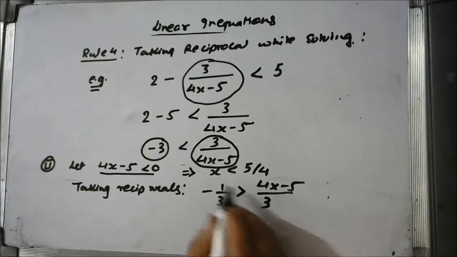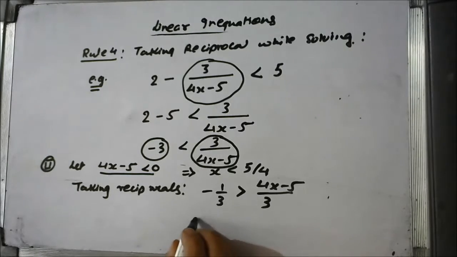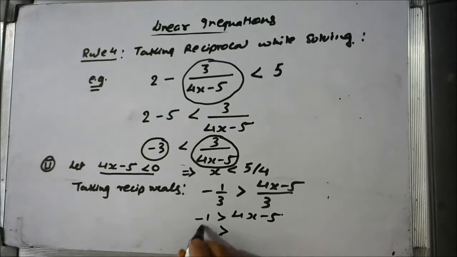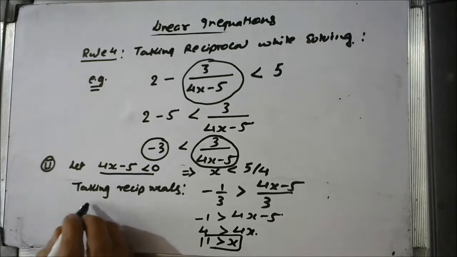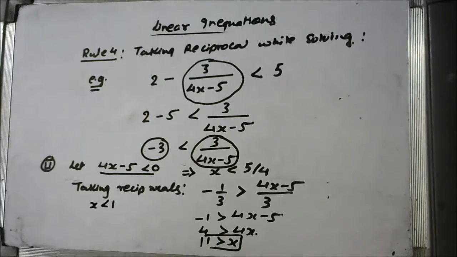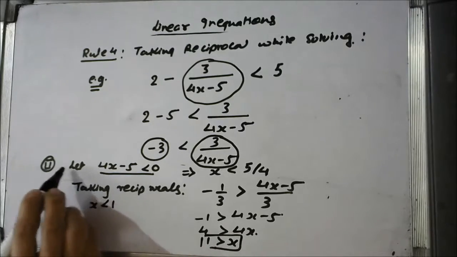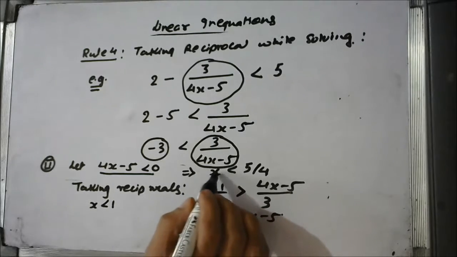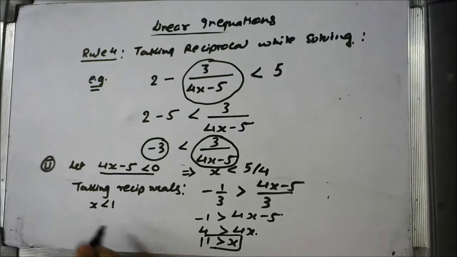Now 3 can be transferred to the left. Five to the right gives me x is less than 1. X is less than 1, and this result I am arriving on the basis of assumption that x should also be less than 5 by 4.